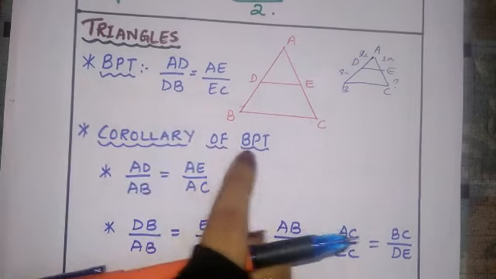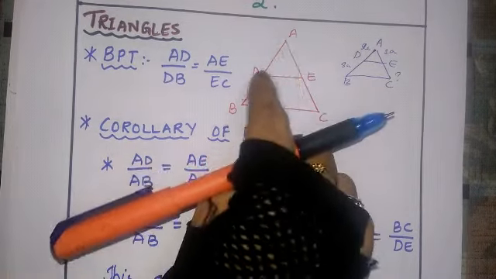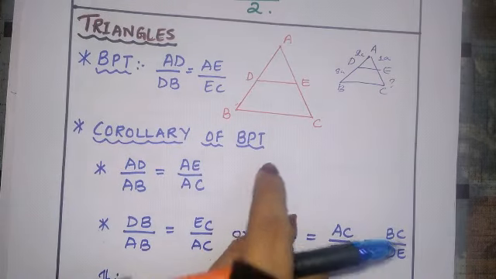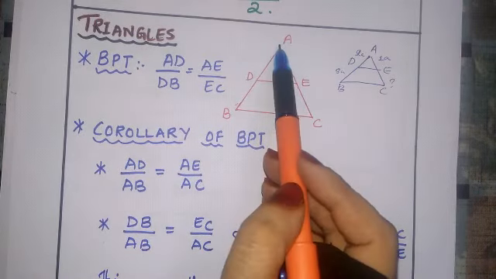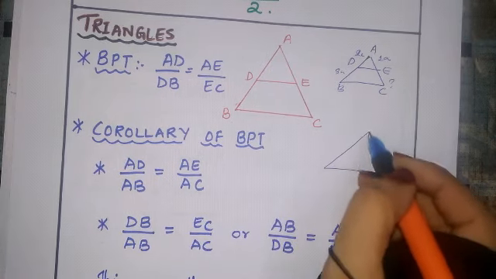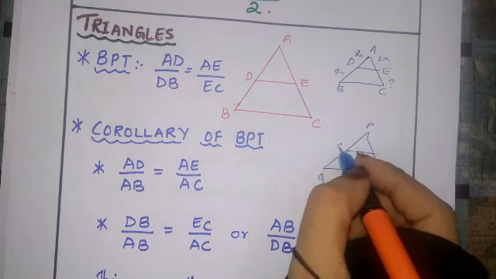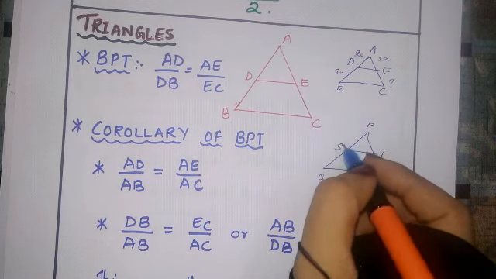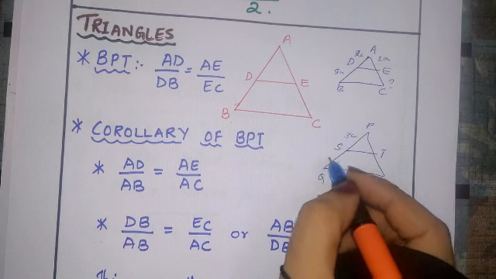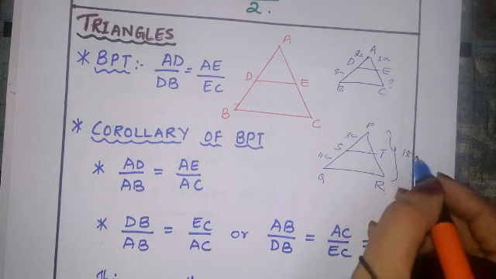What about the corollaries of BPT? The corollaries of BPT are nothing but AD/AB. We can also apply this rule, that is upper half by full. In some problems they give P, Q, R and S, T. They'll give PS 3 cm and SQ 4 cm, and they'll give complete PR 18 cm.